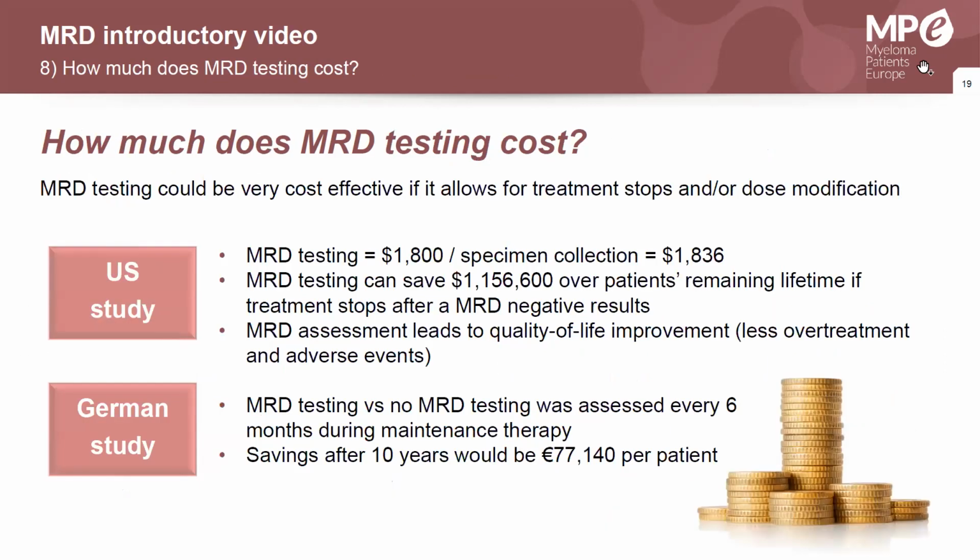So how much does MRD testing cost? It could be very cost effective if it allows for treatment stops and/or dose modification. An American research group evaluated the cost effectiveness of MRD testing during maintenance treatment for patients with myeloma in the US, and they estimated the cost of MRD testing to be $3,630, including specimen collection.